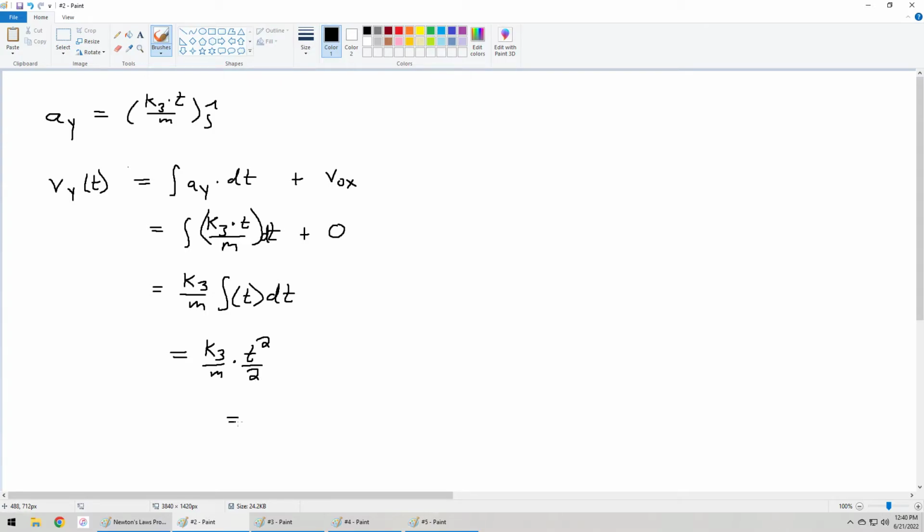And I'm actually going to combine these all together and make them one expression. So k3 t squared over 2m. And that's the y component of the velocity. If we integrate this one more time, we'll have the expression for y. So let's maybe do that over on this side.